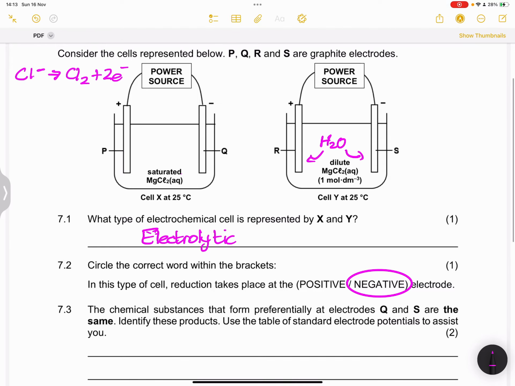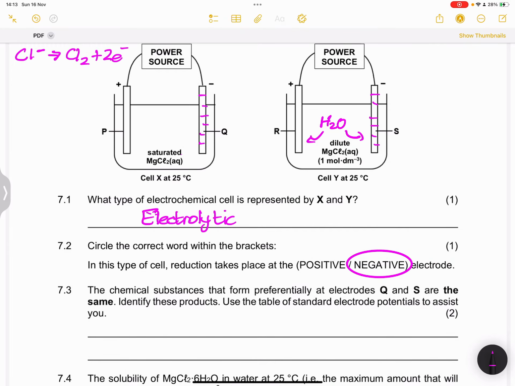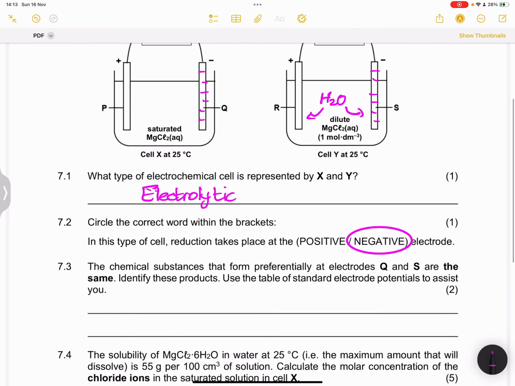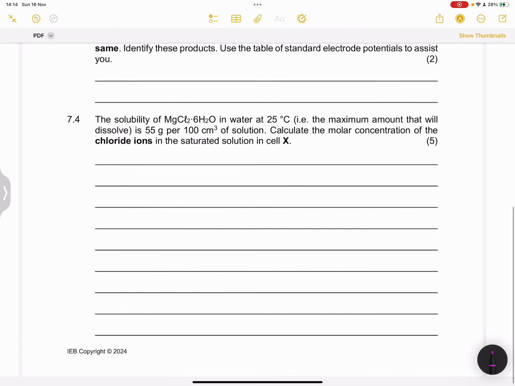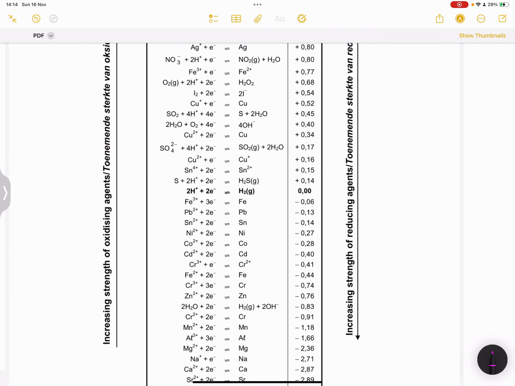You'll notice at Q and S, this is where we've got negative, we've got our electrons there that are supplied by the cell. Note the saturated magnesium chloride. We did say chlorine is formed on this one. However, here we are going to form different products, and I want you to see it on our reduction potential table.